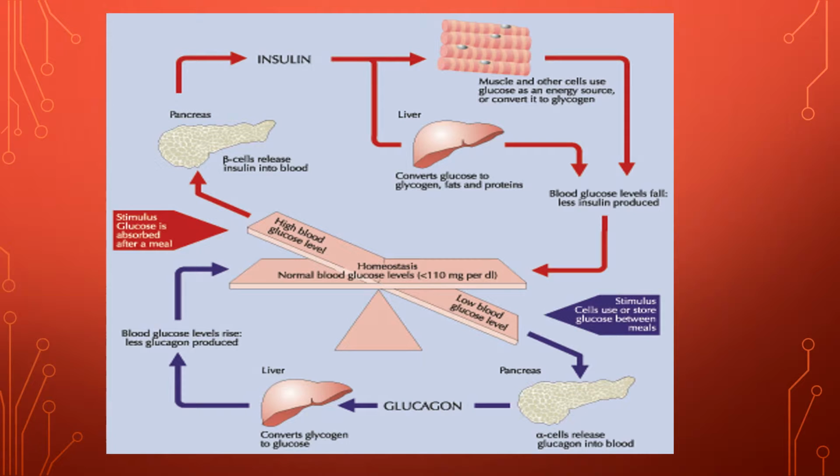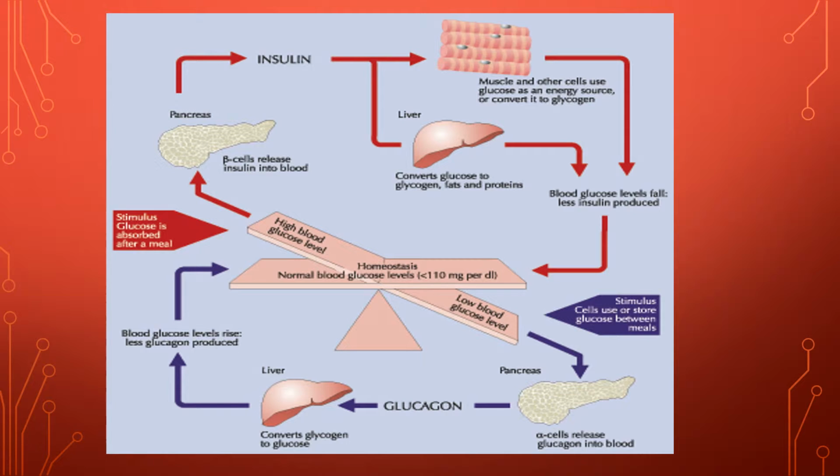What's left over that you don't need, or you're not burning off, is converted by the liver to glycogen, which is a stored sugar, basically, and it can also be converted to fats and proteins. So either the liver or the muscle takes up the glucose, and that causes your blood glucose level to fall back to normal.